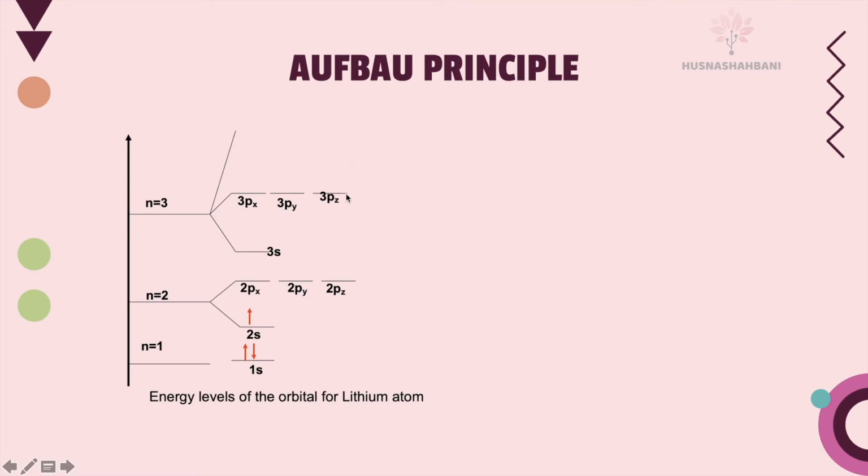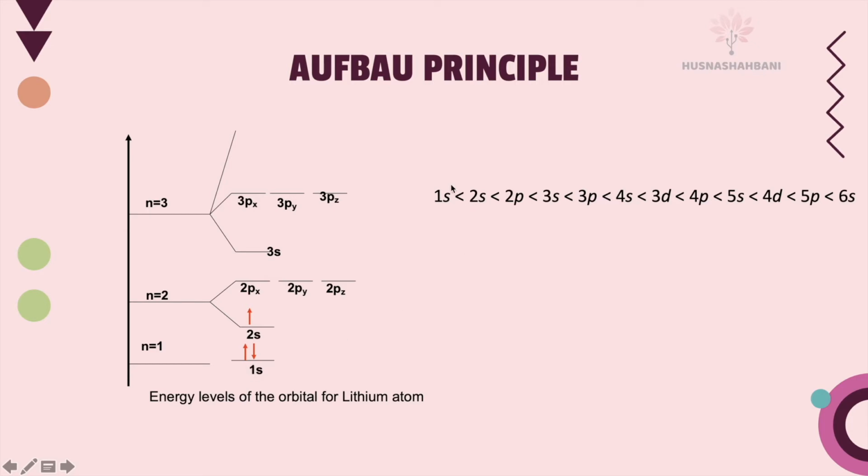AUFBAU principle, more on AUFBAU principle. This is the energy level of orbital for lithium atom. Obviously, n equal to 1 has the lowest energy because it's n equal to 1. And then higher energy n equal to 2, higher energy n equal to 3. For n equal to 1, we only have 1s orbital.